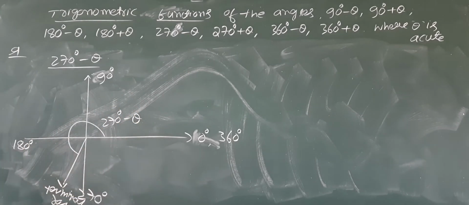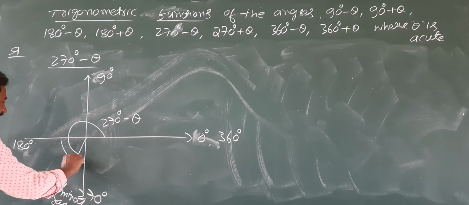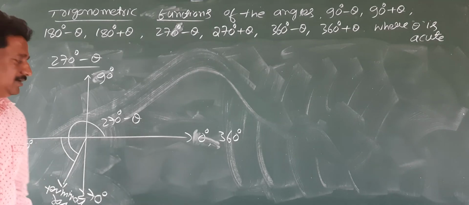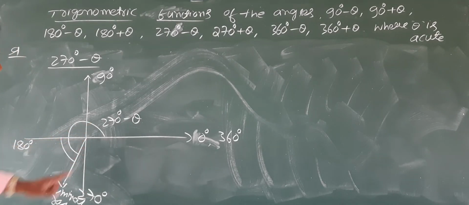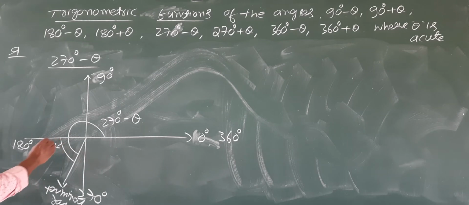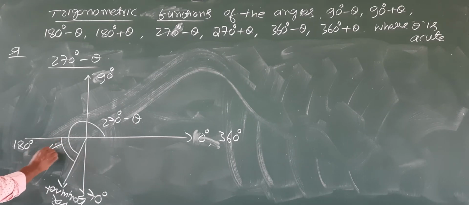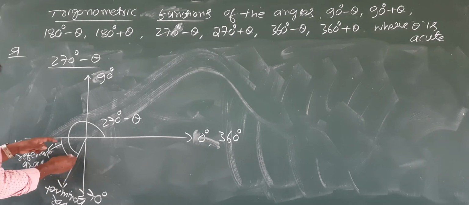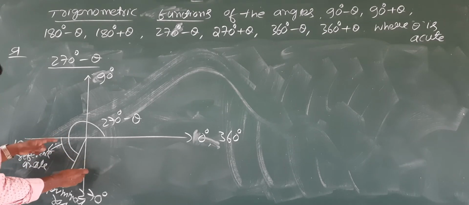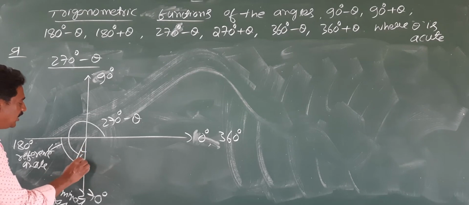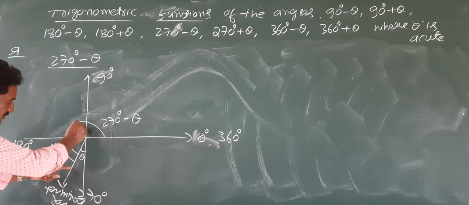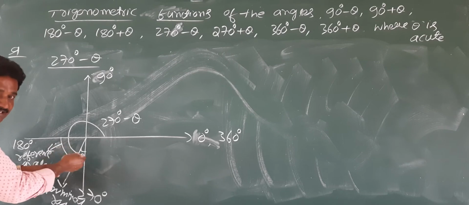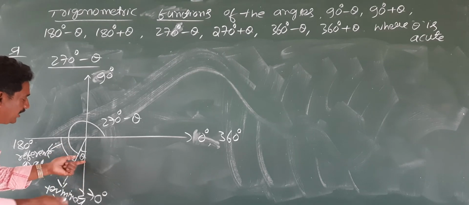Now this is the reference angle. The angle between the terminal ray and the x-axis is the reference angle. Tell me what is the measure of this? This full is 90. Tell me the measure of this, students. Theta. For 270 minus theta, we went back just theta.